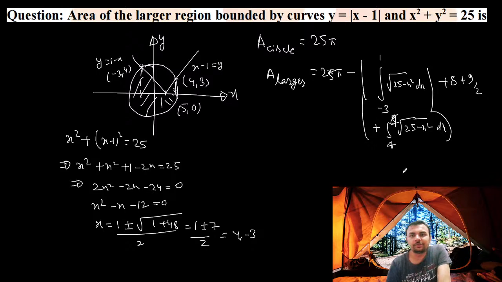So if we try to solve it, it is nothing but 25 pi, 25 by 2 integration of this thing, which is minus I1. We'll solve I1 this side.